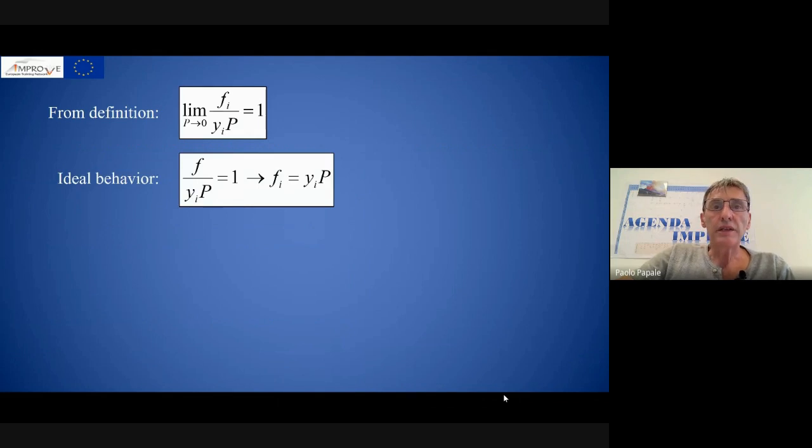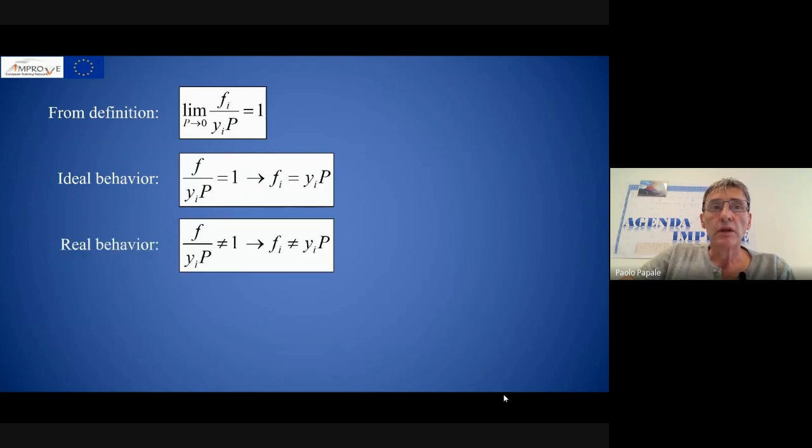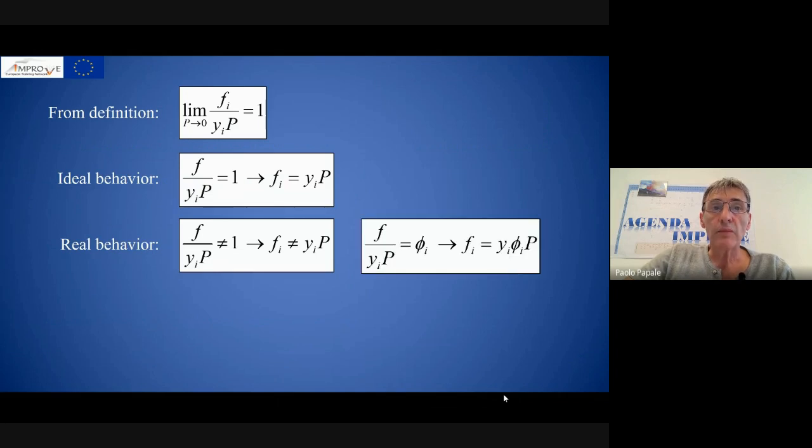However, ideal behavior is only approached at very special conditions, and certainly not at the very high pressure conditions typical of natural magmas. In general, fugacity will be different from partial pressure. How much different? Well, it depends, but let's call phi the ratio between the real fugacity and the ideal fugacity.